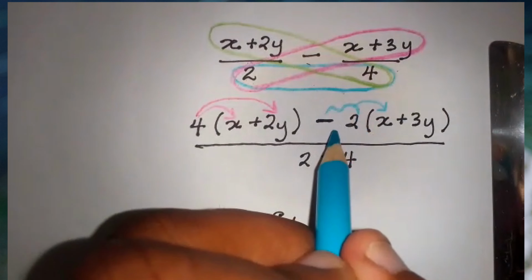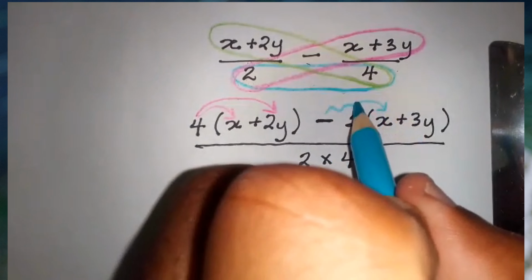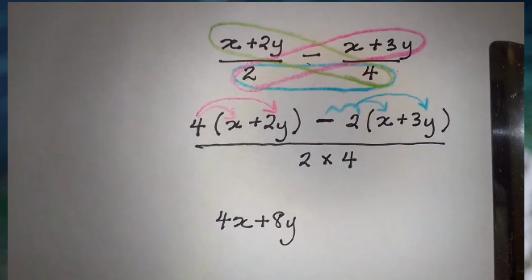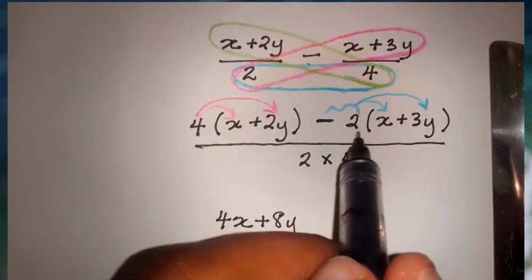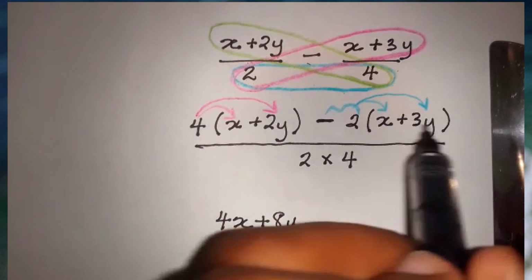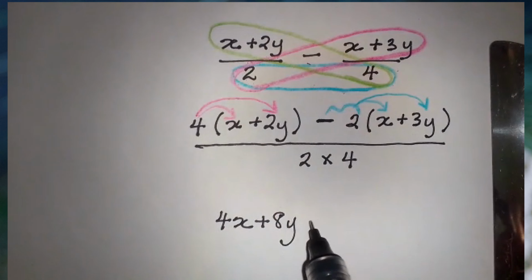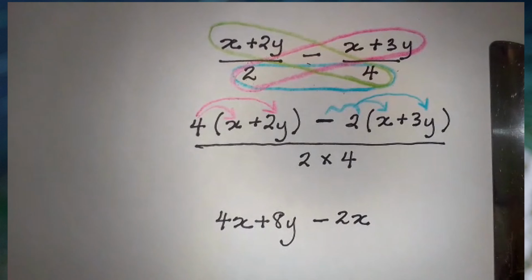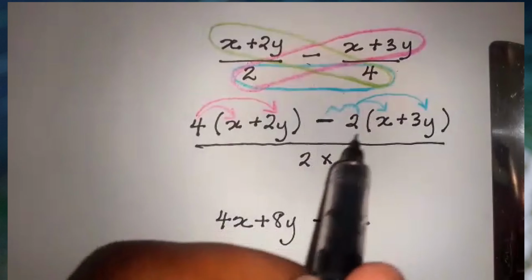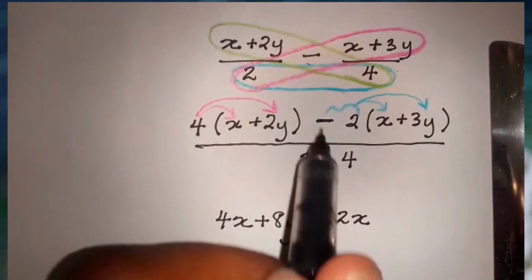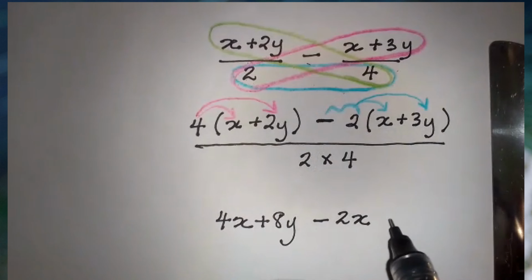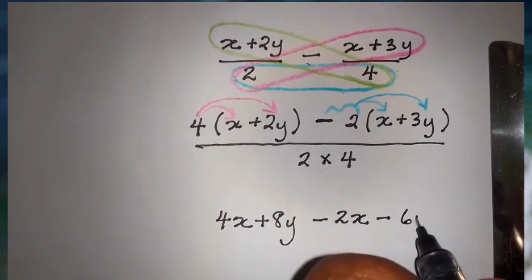So this negative 2 with x, and this negative 2 also with this positive 3y. So look at what happens. Negative 2 times x will give us negative 2x. Negative 2 times a positive 3y is going to give us a negative 6y.